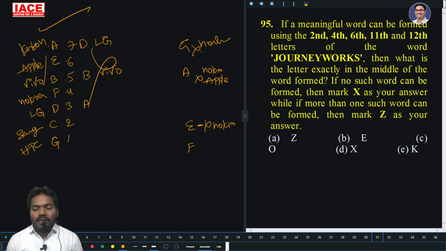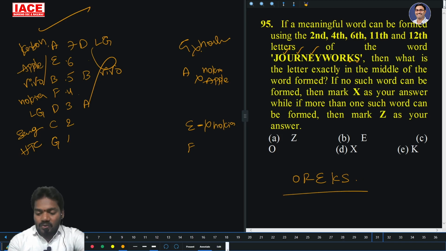If a meaningful word can be formed using the second, 4th, 6th, 11th, 12th letters of the word, what is the letter exactly in the middle of the word formed?